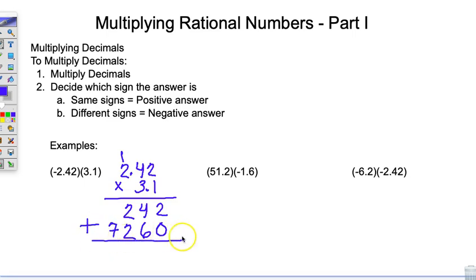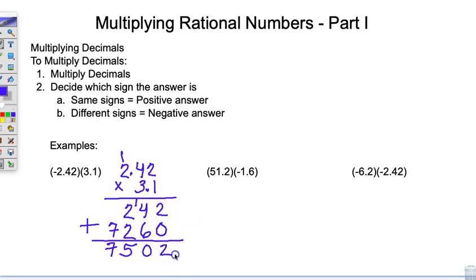From there, we're just going to add straight down. 0 plus 2 is 2. 6 and 4 is 10. 4 plus 1 more is 5, and a 7. Since we have 3 digits that were behind the decimal up here, we have a 1 that's behind the decimal, and a 2 and a 4. Altogether, that's 3 numbers that are behind the decimals.